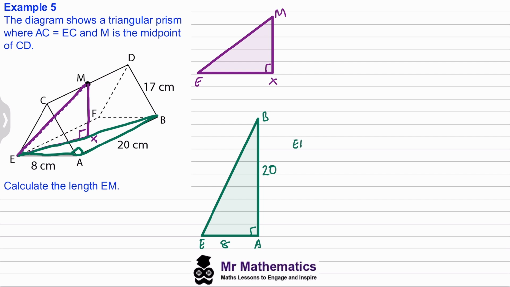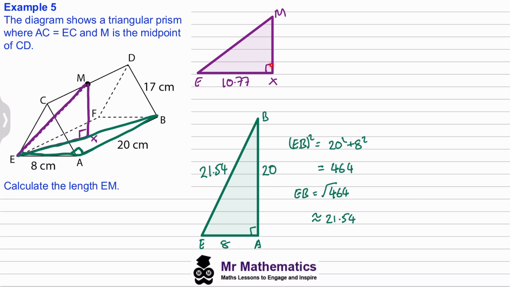So E to B will be the 20 squared plus the 8 squared, which is 464. So we'll take the square root of that, and we get approximately 21.54. And then if we divide this by 2, we'll get the length of E to X, and this is 10.77.